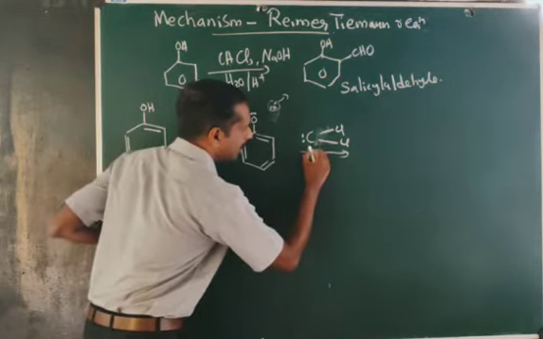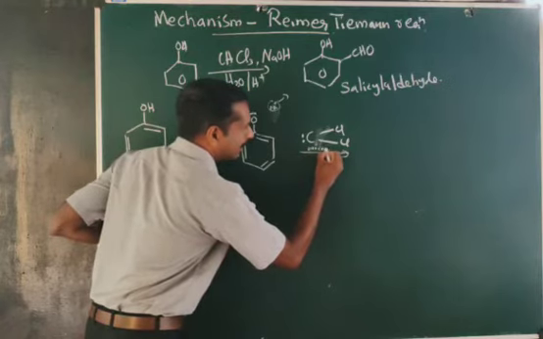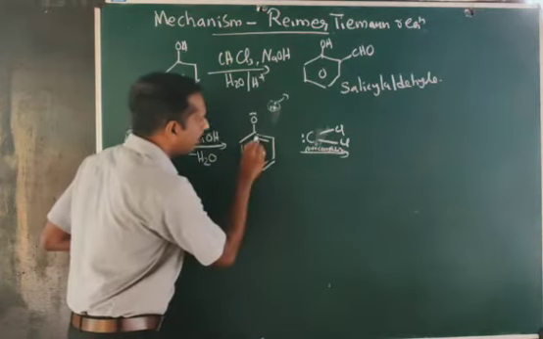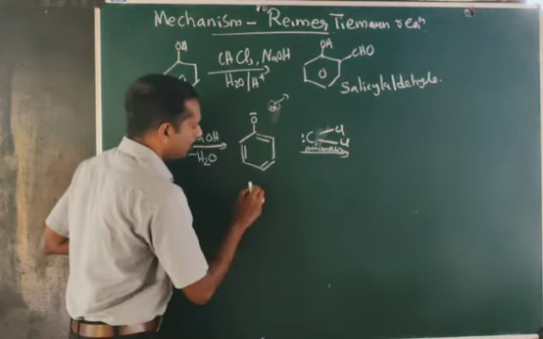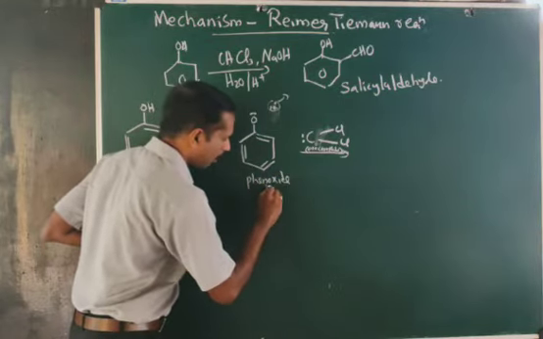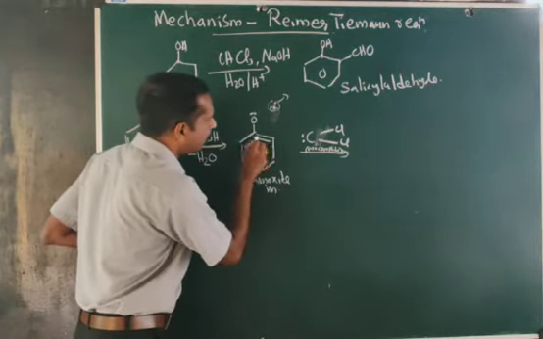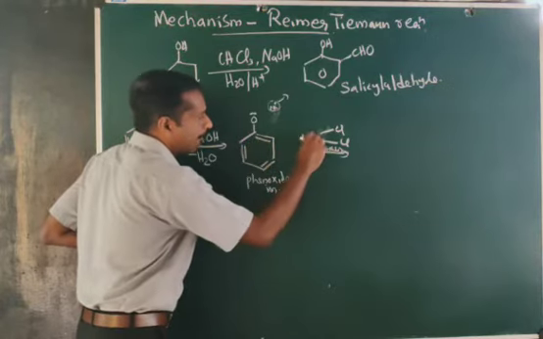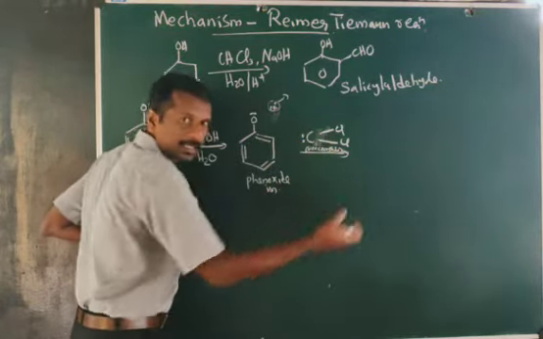Carbene can act as an electrophile. It can accept electrons. So what will happen? You can see that from this phenoxide ion, this pi bond, that means a pair of electrons, this carbene can accept electrons.